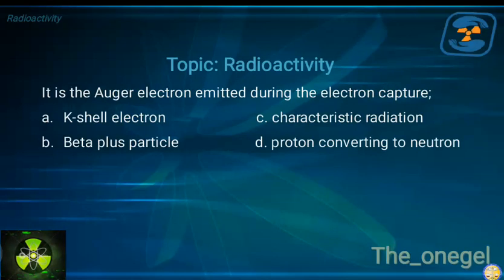Next number. It is the Auger electron emitted during the electron capture. Is it letter A, K-shell electron? Is it letter B, beta plus particle? Letter C, characteristic radiation? Or letter D, a proton converting into a neutron?